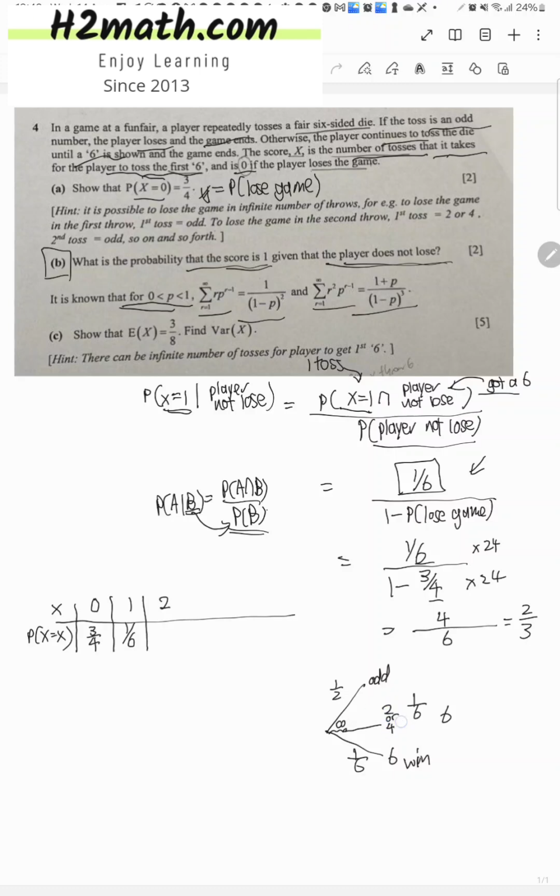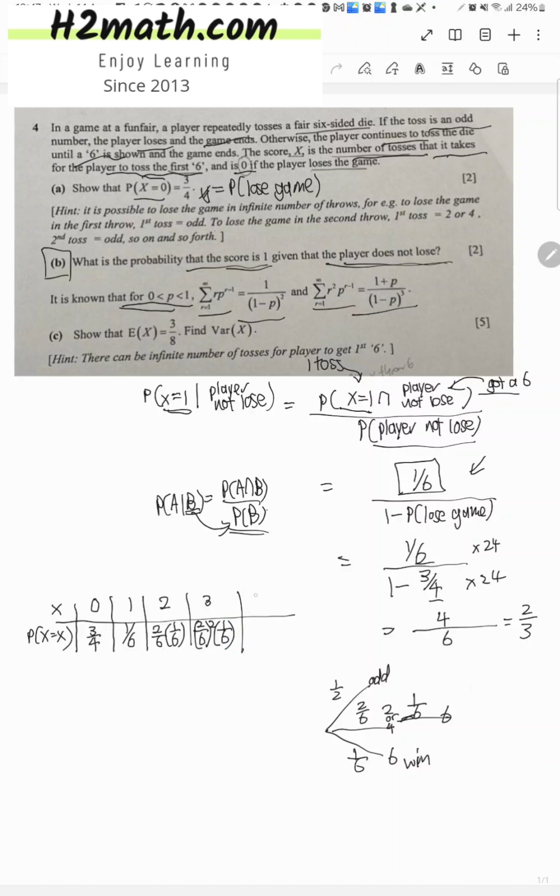Then it will continue, and the probability of this is 2 over 6. Hence the answer to this is 2 over 6 times 1 over 6. How about for 3? That means continue twice and win again.